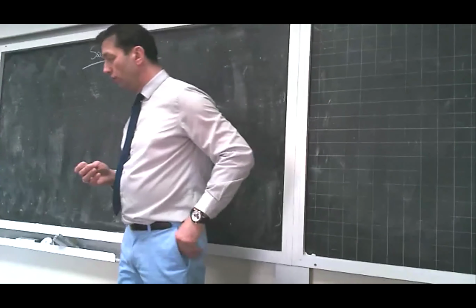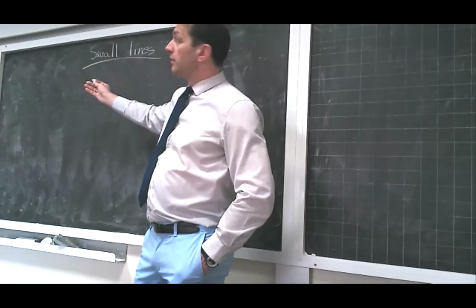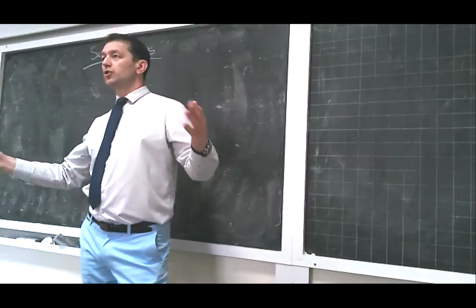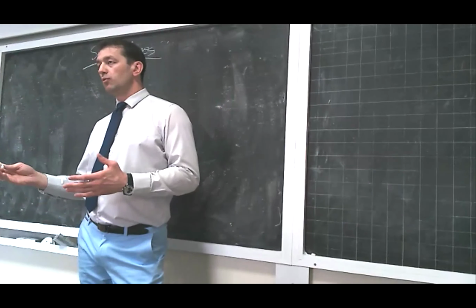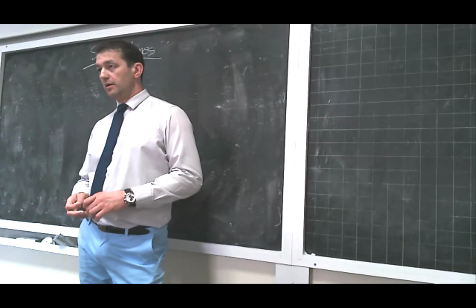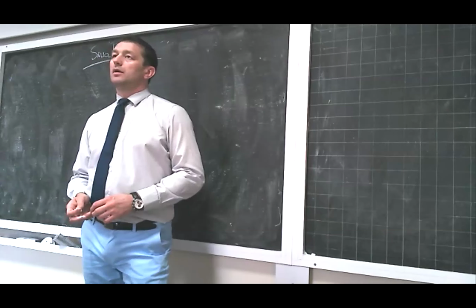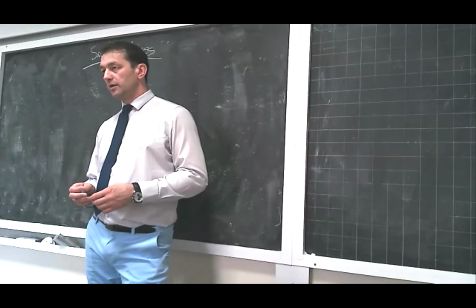Size. For something to be a mesoscale convective system, in this case a squall line, it has to have a horizontal dimension in some direction of 100 or more kilometers. So the size of these thunderstorms needs to be at least 100 kilometers in some direction in the horizontal plane.